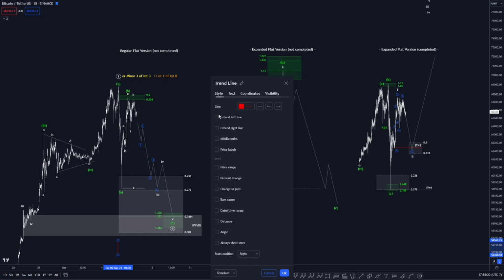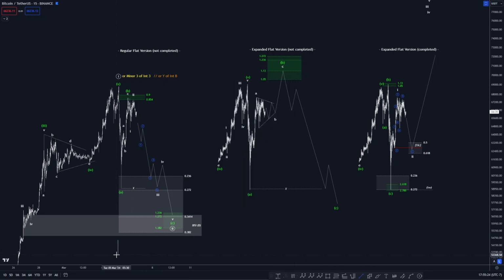It was March 5th that we made that high. So we're going to look for pretty much March 12th. Pretty much something right here. So we're looking for this minute wave to pretty much be completed around this time frame right here.